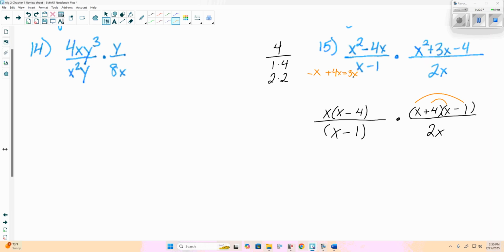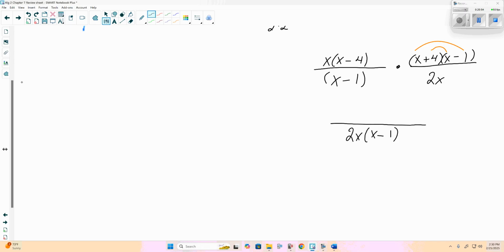Now at this point, we do need to multiply everything together. On bottom, we have 2x times x minus 1. There's not a whole lot of reason to actually multiply through, because for us to be able to simplify, we need it in a factored form. On top, we have x times x minus 4 times x plus 4 times our x minus 1.